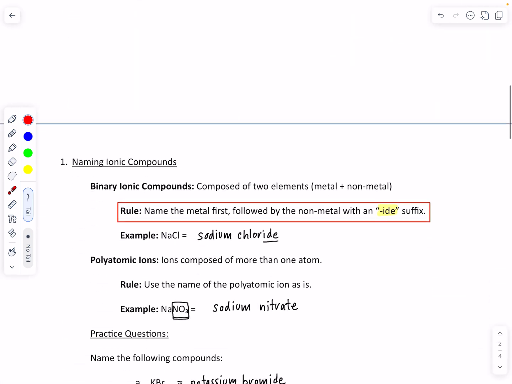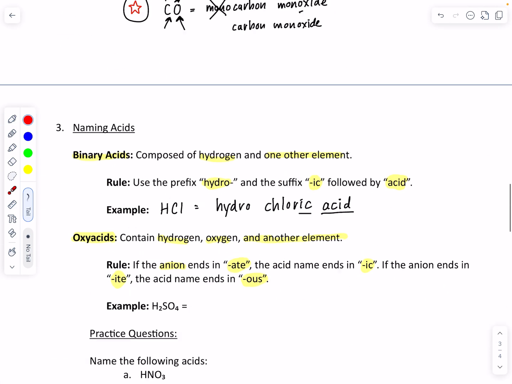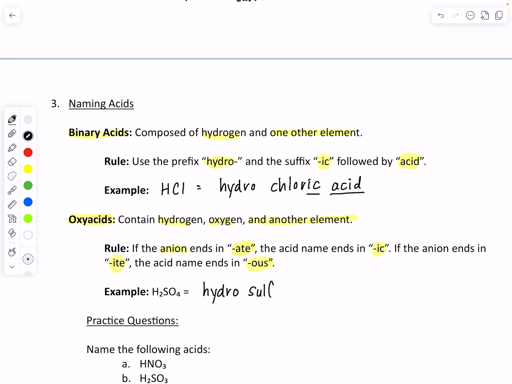So, when it ends in ate, we are going to use ic. Ate, ic. So just like we did for a binary acid, we're going to write hydro for hydrogen. And then for the sulfate ion, we're going to write sulfuric. And this is because it ended in ate, sulfate. And then the word acid.